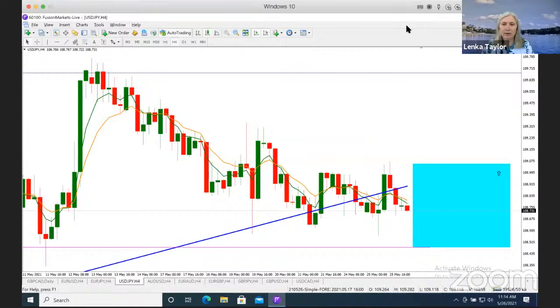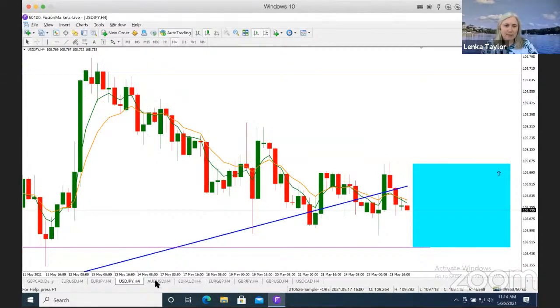So my advice would be, once you have decided on the direction of the trade, keep trading in that, not changing the direction too fast before there is a confirmation of the direction actually changing. Okay.